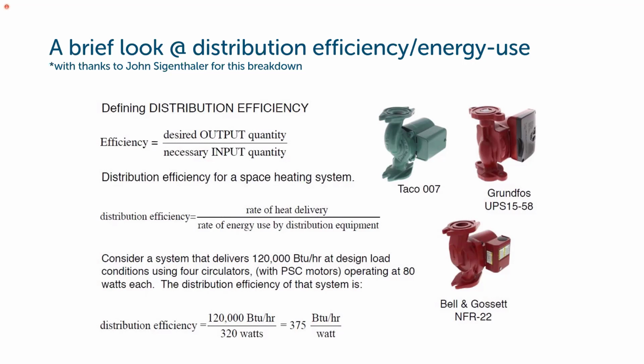As an example he uses here, we're talking about a large heat load of 120,000 BTUs per hour design load, using 4 circulators to move the water throughout the building to meet the load demand, and they're operating at 80 watts each. So a total of 320 watts at design load at the worst case conditions for meeting that 120,000 BTU design load for the building. So that comes out to 375 BTUs per watt of energy consumed to deliver that heat through the building.